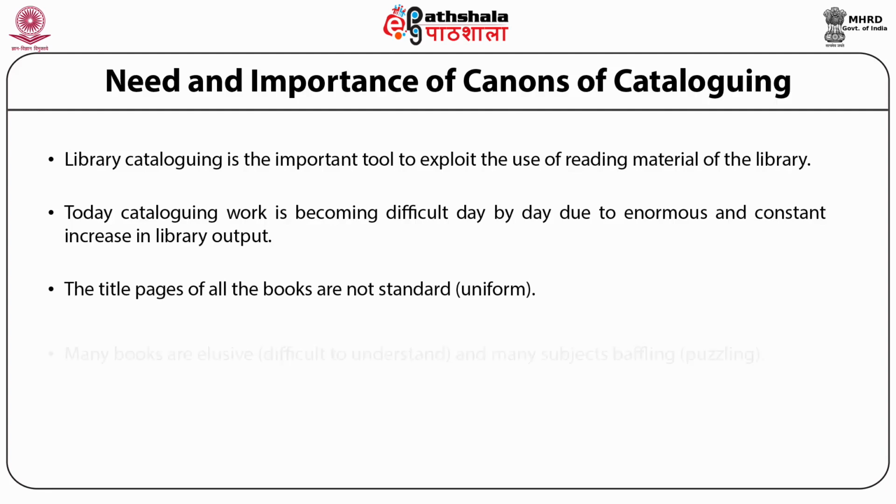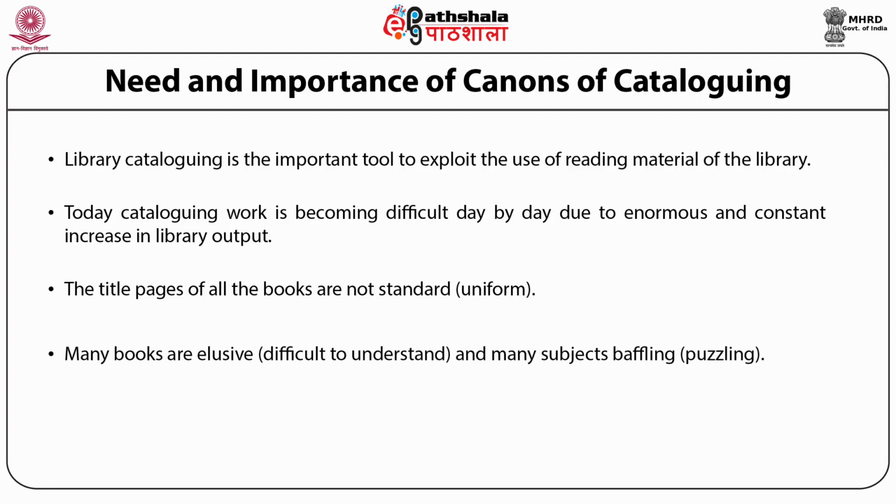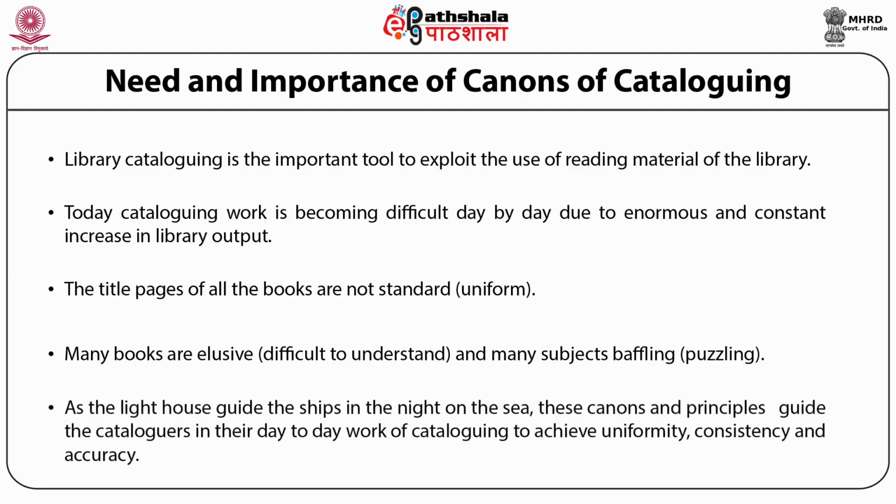Fourth, many books are elusive, that means difficult to understand, and many subjects are puzzling. Next, as the lighthouse guides the ships in the night on the sea, these canons and principles guide the catalogers in their day-to-day work of cataloging to achieve uniformity, consistency, and accuracy.